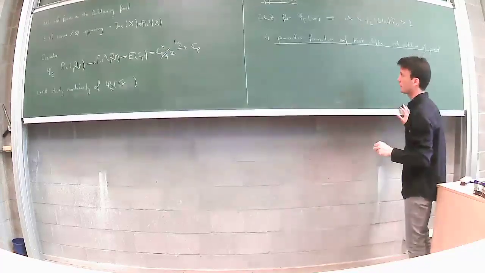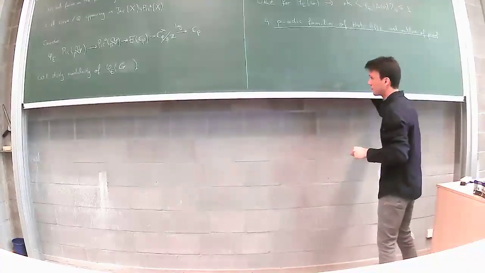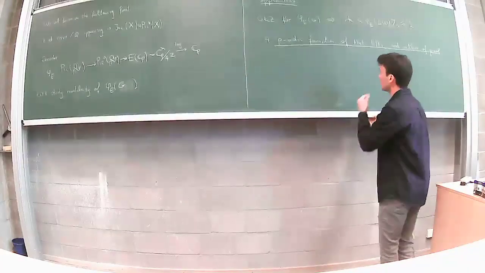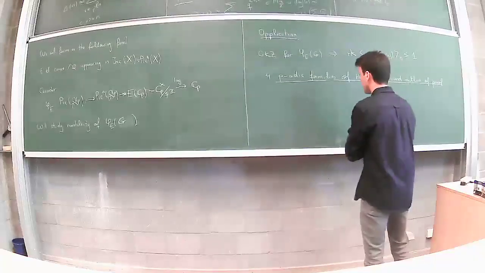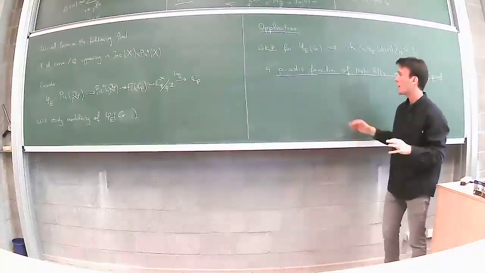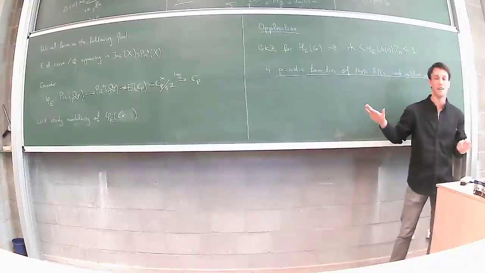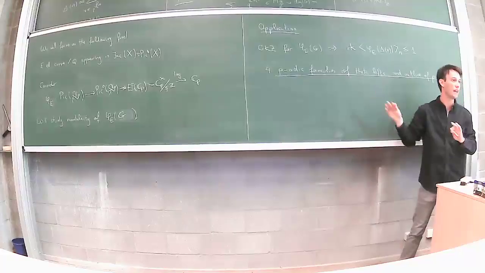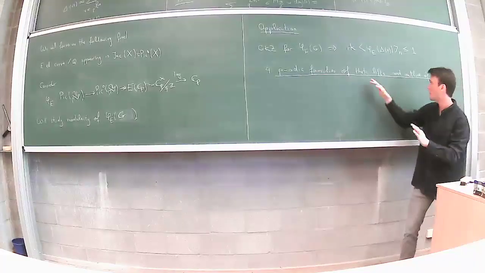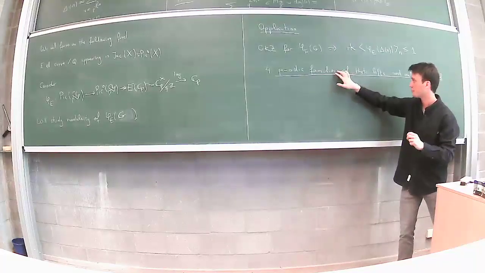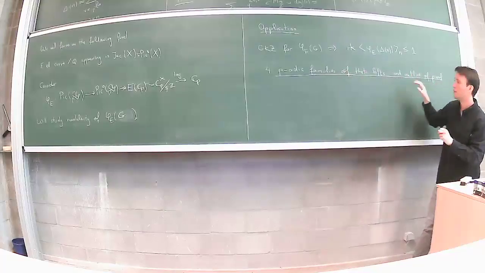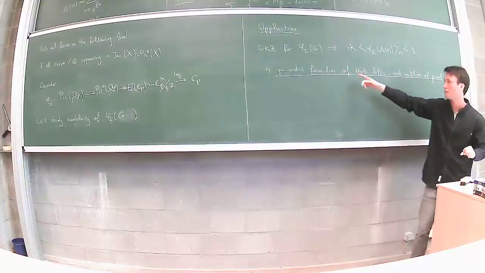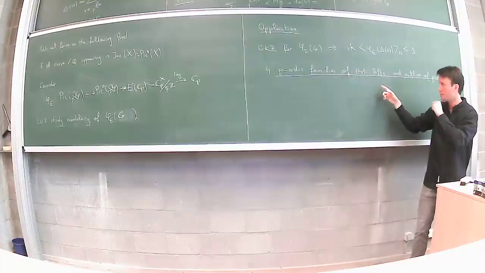So now I will construct one of these p-adic families of theta lifts, and then I'll write a bit how we deduce the modularity of this Gross-Kohnen-Zagier generating series using these p-adic families of theta lifts.